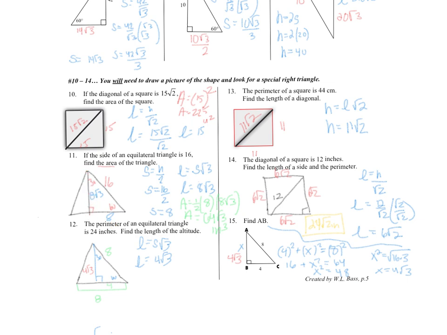And so the long side is the short side times the square root of 3, which is 8 times the square root of 3. And then if we wanted to find the area, then the area is going to be equal to 1/2 the base times the height. So here's the area, 1/2 times 8 times 8 times the square root of 3. That's going to give us 64 times the square root of 3 units squared.